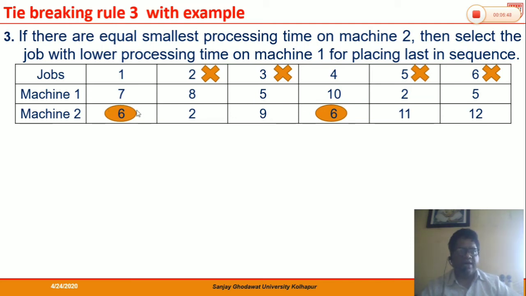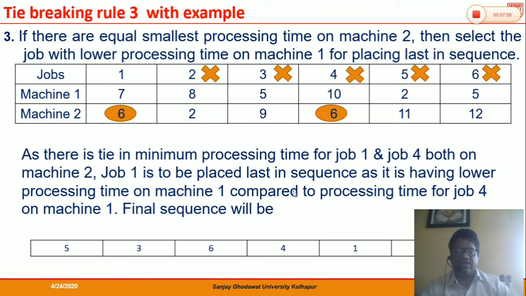If there is a tie for the shortest time on the second machine, you have to place last in sequence the job having the shorter processing time on machine 1. So you will find job number 1 has a shorter processing time compared to job number 4, so we will place job number 1 last in sequence, and then job number 4 before it.